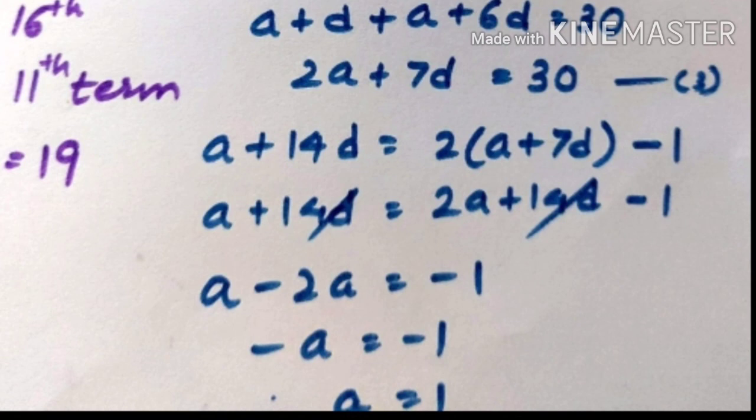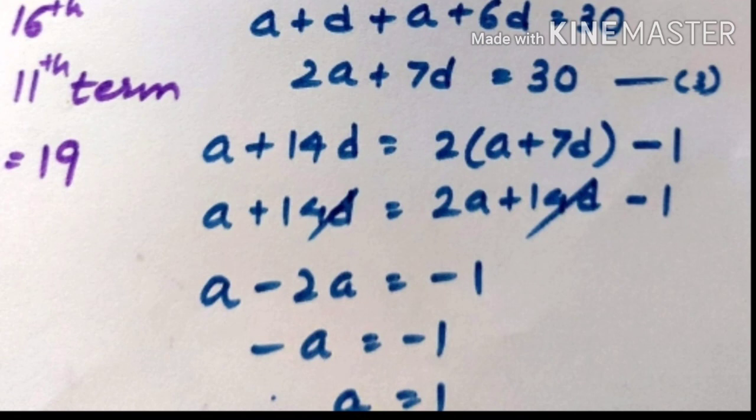Now on both sides 14D gets cancelled, and we are left with A on the left side and 2A on the right side. So we take 2A to the left side as minus 2A is equal to minus 1. A minus 2A gives minus A is equal to minus 1. Removing the negative sign from both sides, we get A is equal to 1. So we found our first term A as 1.